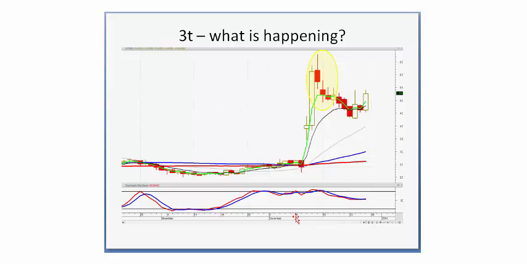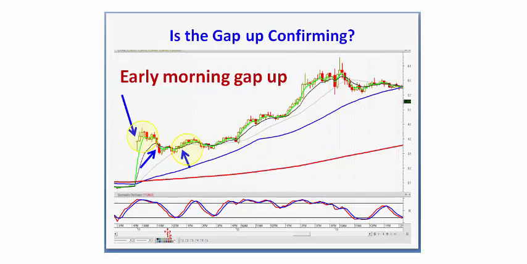And again, this is where the 3T comes in. When you have a big price move away from the T-line and you start seeing sell signals, you don't want to see it close back below the 3T line, because that tells you you're going to come back to the T-line. So you take your profits. You can always buy back, seeing whether the T-line is going to act as support or not. Here's another one with that gap and crap type scenario.